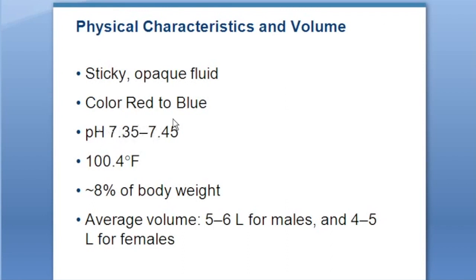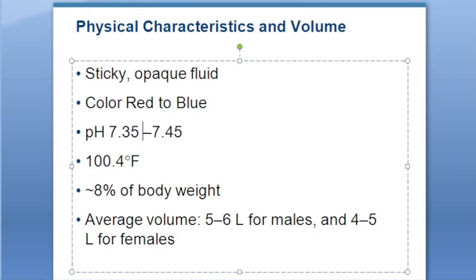The pH of blood, 7.35 to 7.45. What does that mean? Can't be neutral because only 7.0 is called neutral. It's, Clay, what is it? It's slightly basic. It is slightly basic, guys.